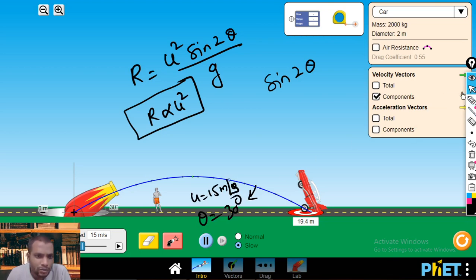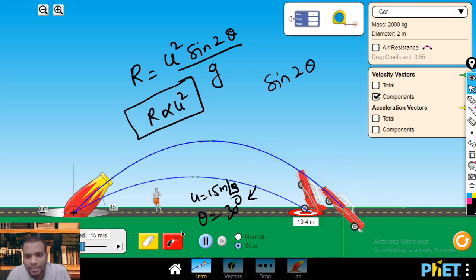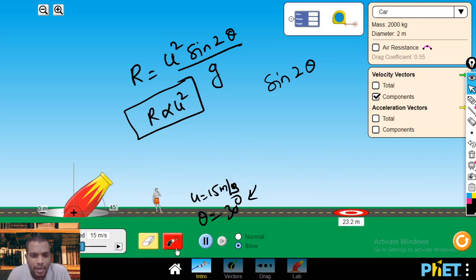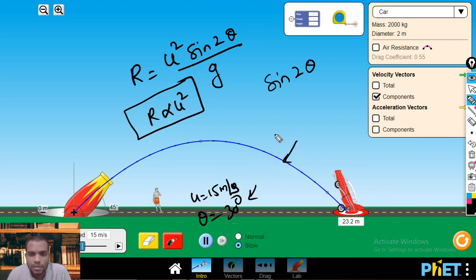Now if I change the angle from 30 to 45 degree, and launch the projectile with the same initial velocity, I did not change the initial velocity, but by changing the angle I launch one more time to know the horizontal range. So if theta equals 45 degree, I get roughly 23.2 meter here.